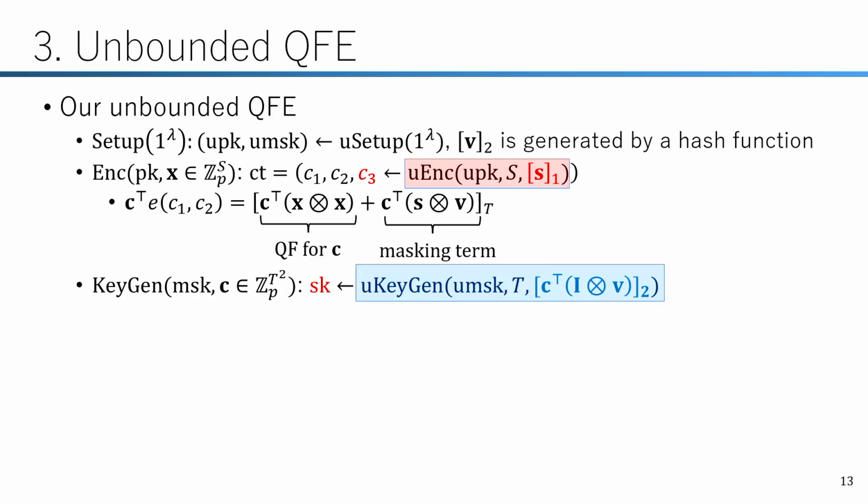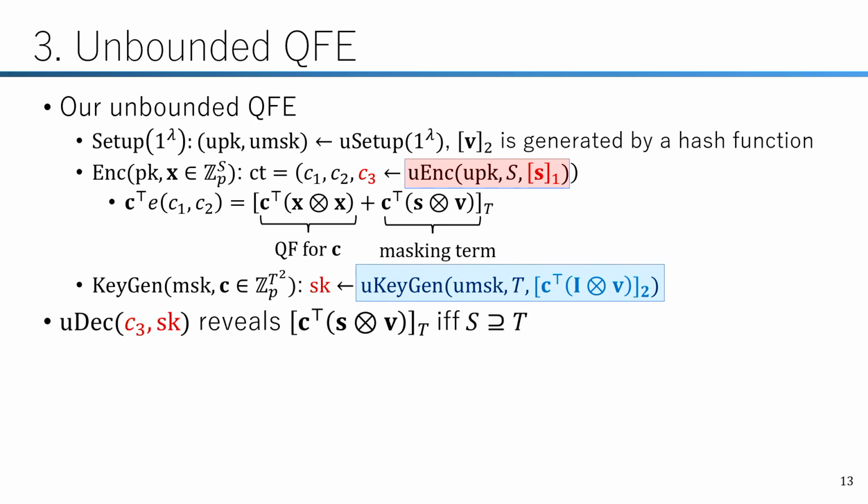So our final scheme is like that. The setup algorithm generates the public key and master secret key of the unbounded IPFE scheme, and now vector V is generated by a hash function. Encryption is the same as the previous scheme, but C3 is now generated using the unbounded IPFE by encrypting vector S. The key generation algorithm is also the same as the previous scheme, but now secret keys are secret keys for the unbounded IPFE scheme with respect to the blue term.